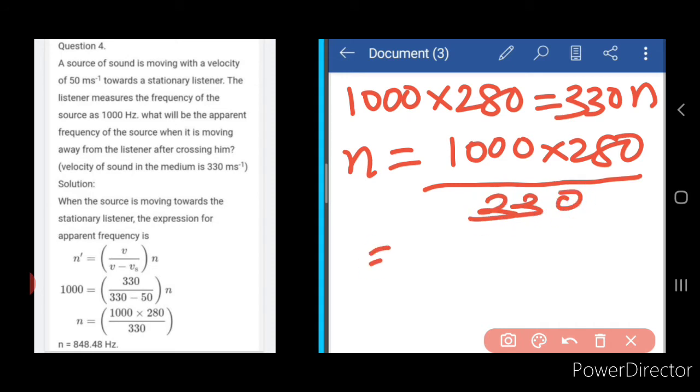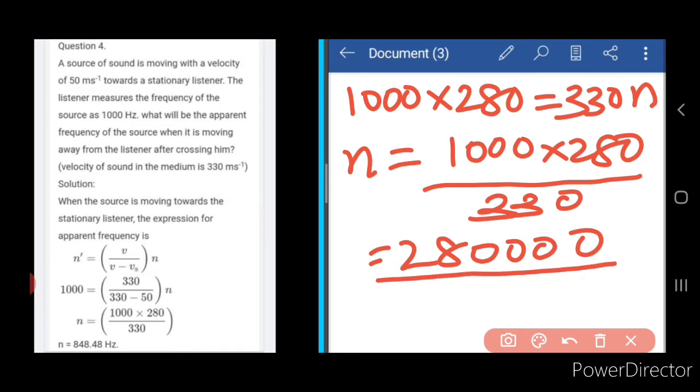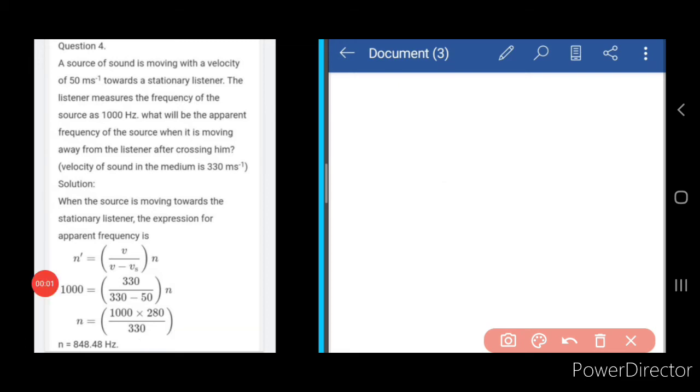When you multiply this, you will get 280,000 divided by 330. You can cancel this and you will get 28000 divided by 33. When you divide this, you will get N is equal to 848.48 hertz.